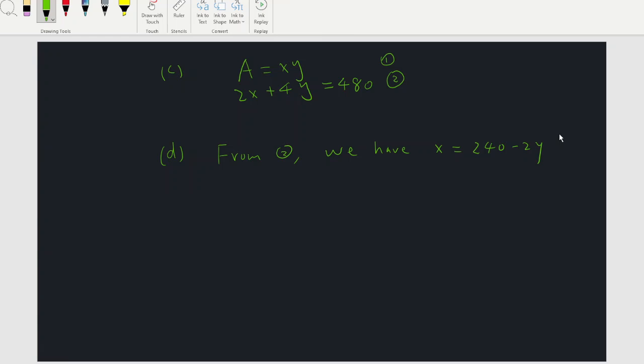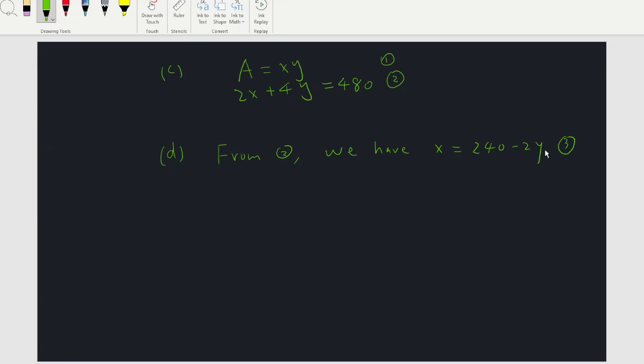I believe all of you can understand that, right? Solve the equation for x, write x in terms of y from equation 2. And then I'll call the new equation equation 3.